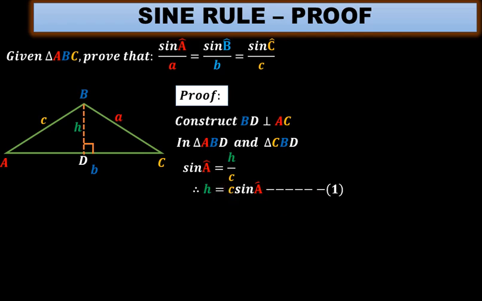Then we'll continue, and we'll say in triangle CBD, which we have already indicated here, now we're going to look at that angle in the standard position. It means we are focusing on angles in the standard position as a reference angle. So the same thing applies here. What do we have?